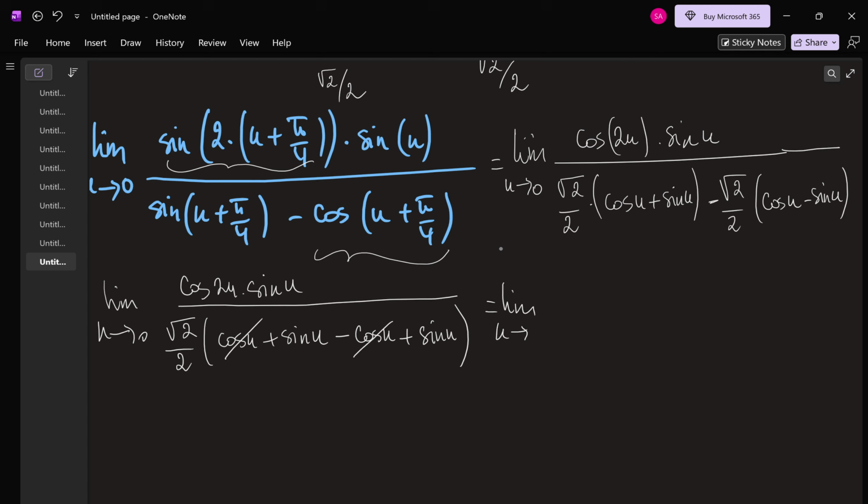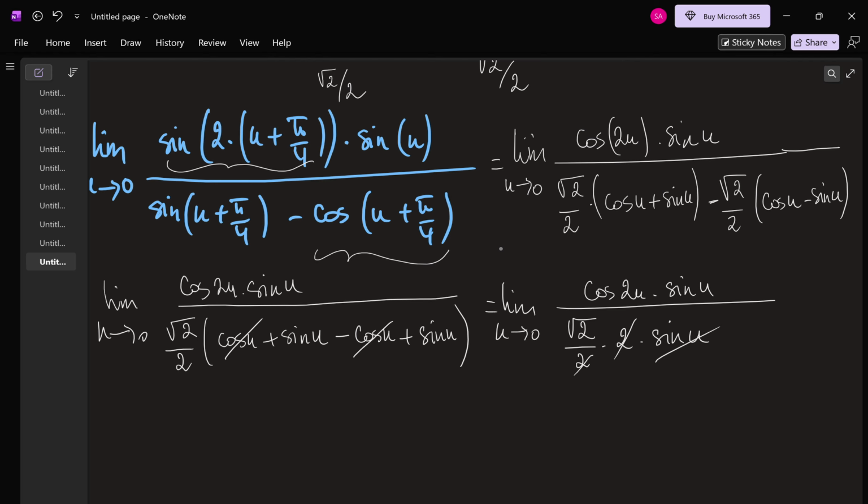So this is equal to cos 2u times sine u all over square root of 2 over 2 times 2 sine u.